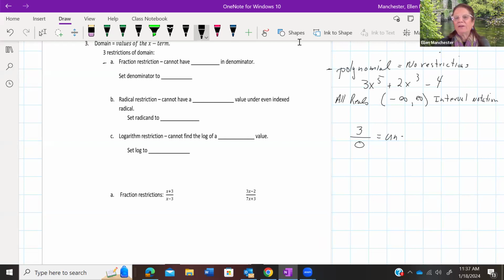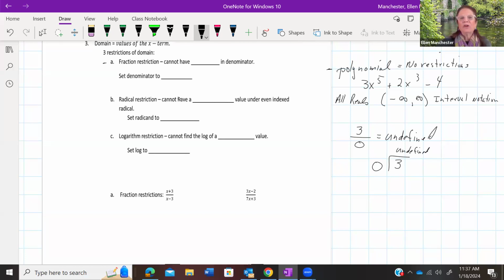It's called undefined. Now, the reason it's undefined is because, remember, a fraction is just a division problem. So if I said 3 divided by 0, well, I can't do it, right? There's nothing I can multiply 0 by to get 3. So that's why it's undefined. There's no definition to it.